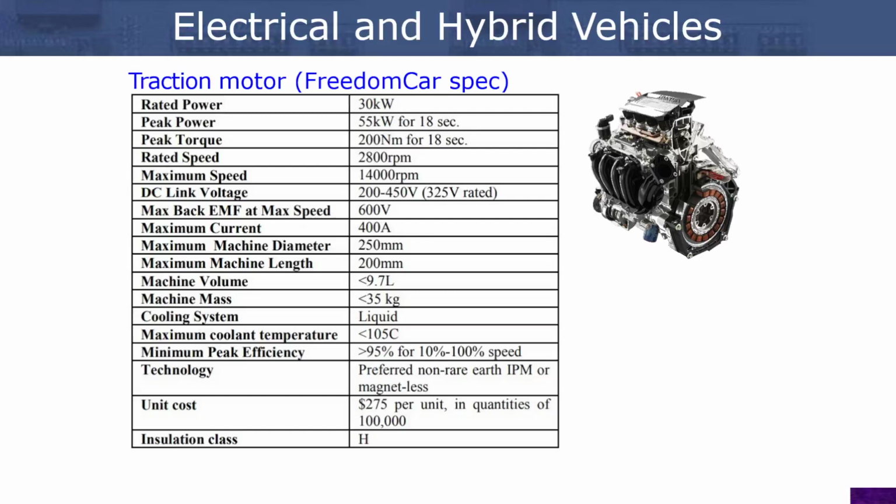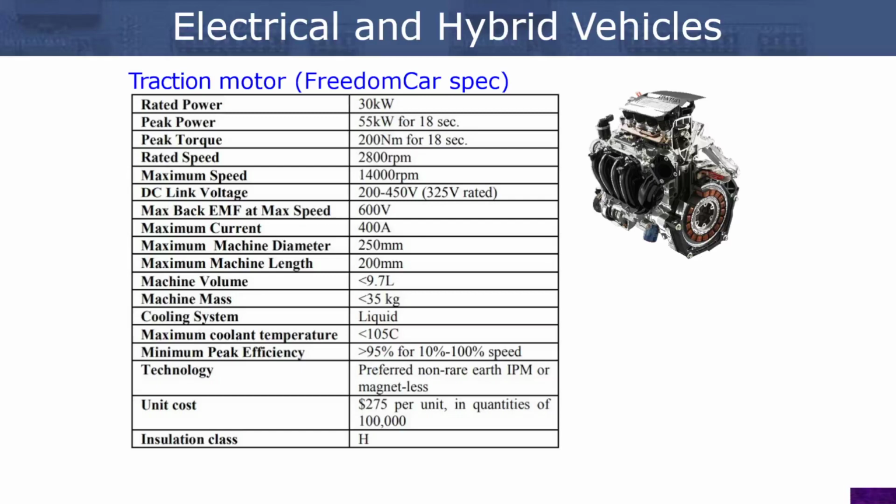The machine current can go up to a very high maximum current of 400 ampere. Then the machine diameter is 25 cm and the length 20 cm. The volume must be lower than 9.7 liter. The machine should be less than 35 kilogram, and it has to have a liquid cooling system. Coolant temperature can only go up to 105 maximum, and the efficiency should be above 95%.